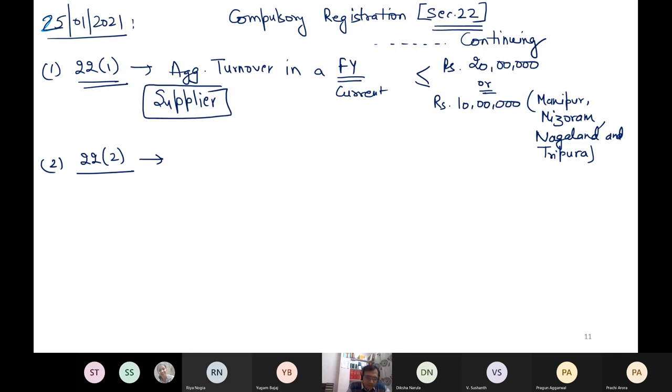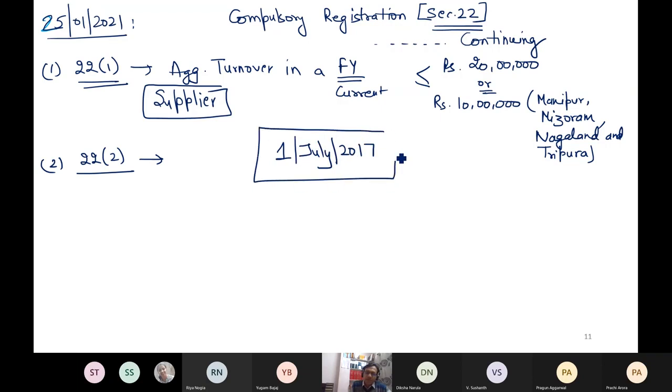These points you should remember. Now, on 1st July 17, the Act of GST was made applicable in India for everyone. All other existing laws which were merged in GST were made inoperative, or you can say were by default merged. So what was the cutoff date basically? 1st July 17.